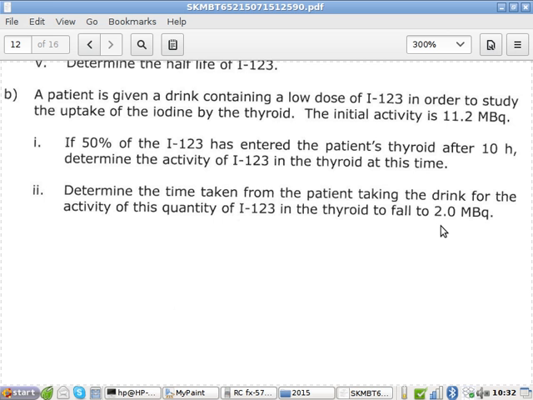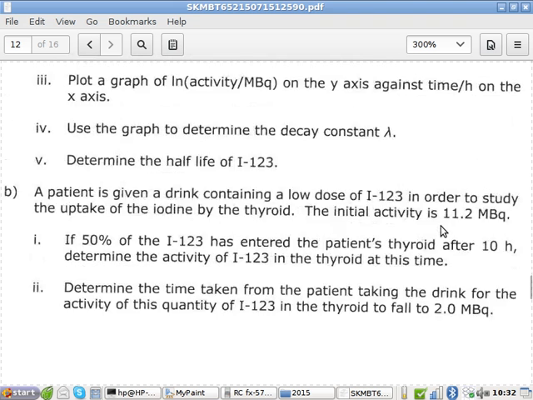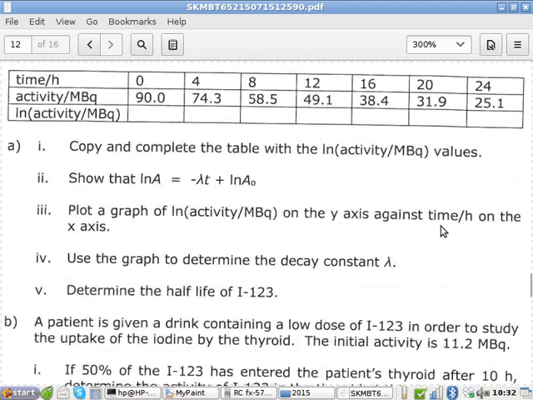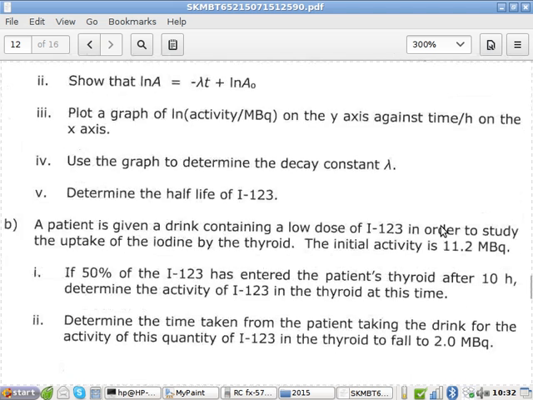Where is the decay constant? Huh? Where is the decay constant? Yeah. Everything is given in the question. Now, actually, do you know what? I think the previous question had you calculate something which you might need for this one, the decay constant.